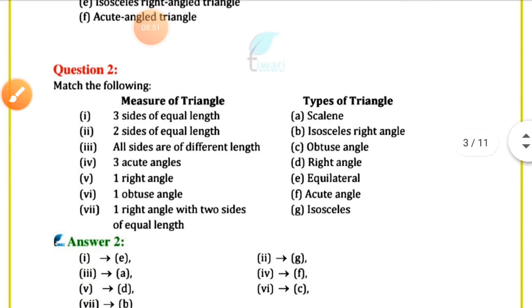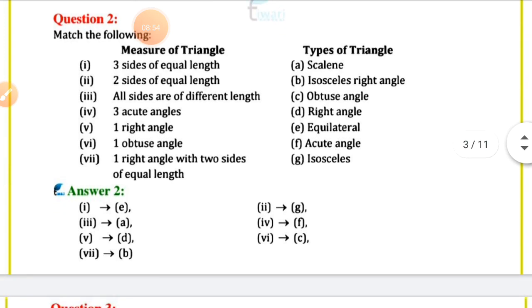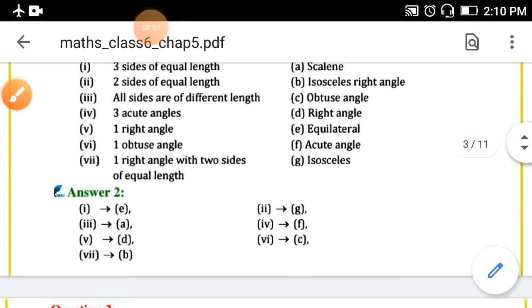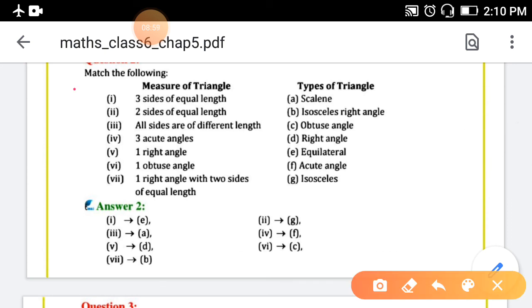Question number 2, match the following. First one, three sides of equal length, it means it is equilateral. Two sides of equal length, isosceles triangle. Then third one, all sides of different length, scalene triangle.